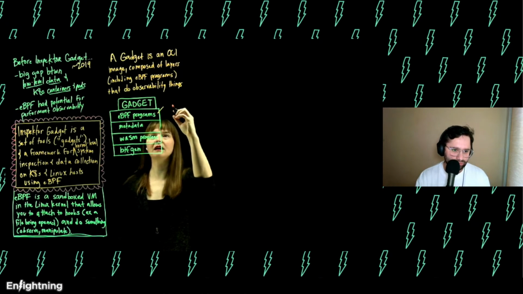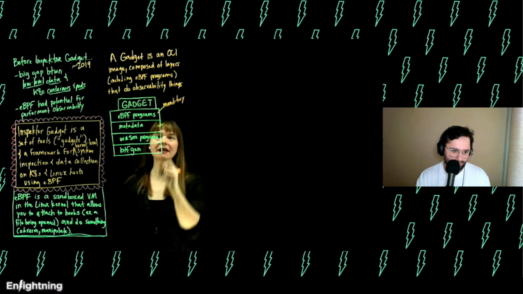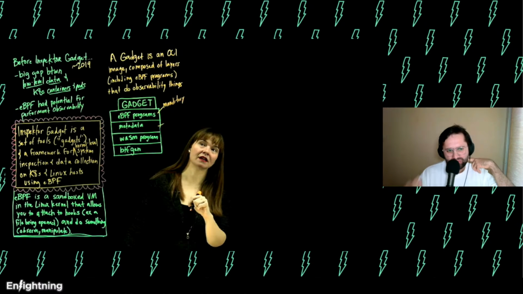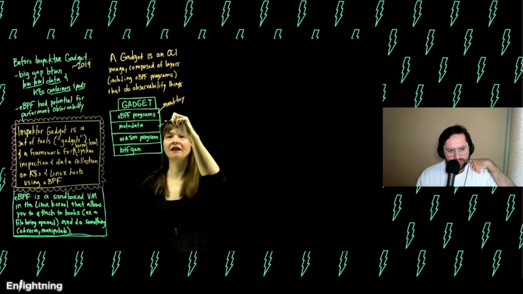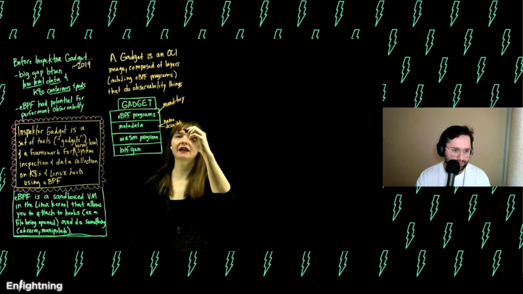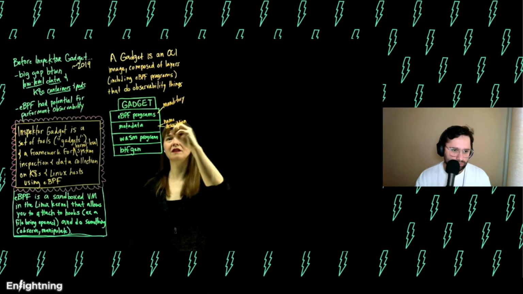Okay. This is mandatory. Yes. And what lives in metadata? Name of the gadget, description, and there are other knobs via which we control how the gadget should output stuff. Okay.